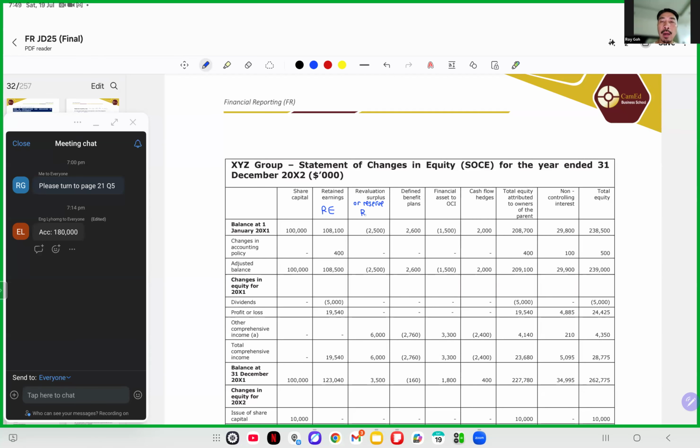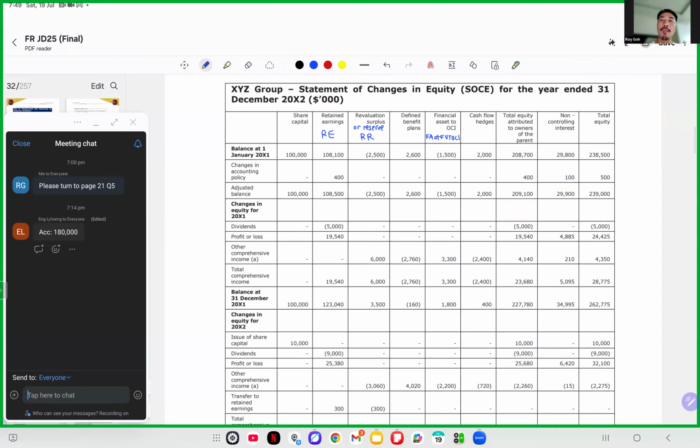You can call this RR. All right, so this is in your financial asset at fair value to OCI. Let me write it down again. Financial asset at fair value to OCI. You got that?